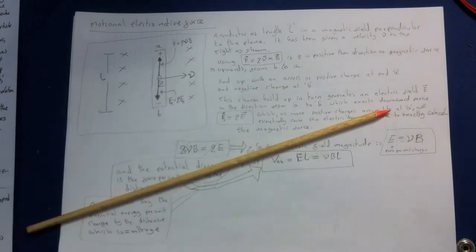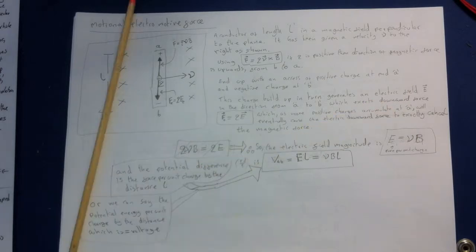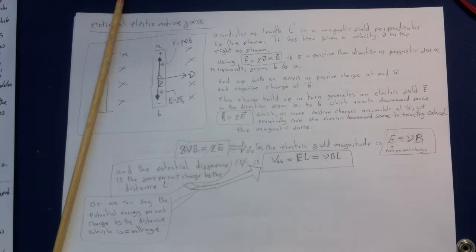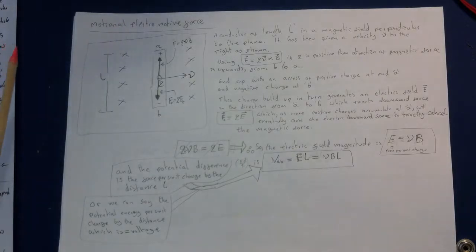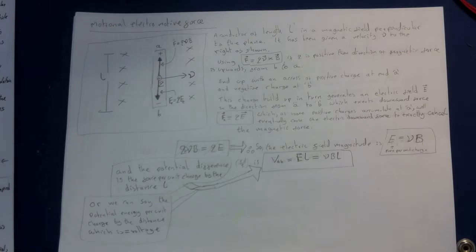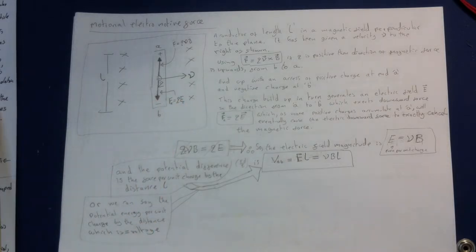So with q being positive, the direction of this force is upward along the conductor from B towards A. Under the action of this force, the free charges in the conductor move, creating an excess of positive charge at end A and of negative charge at end B. The charge build-up, in turn, creates an electric field E in the direction from A to B. The accumulation of charge continues until the electric field is large enough for the downward electric force, qE, to cancel exactly the upward magnetic force, qvB.